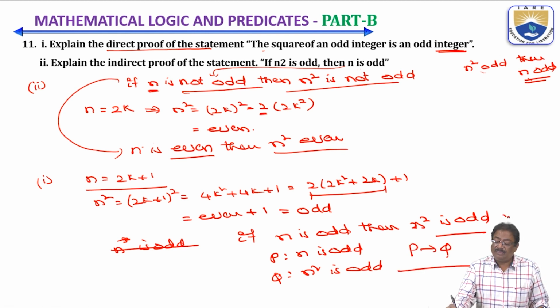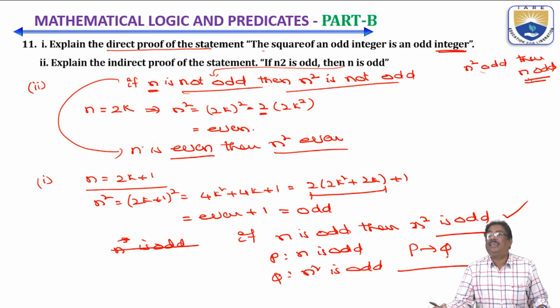In this way we are going to prove the direct one. That is, the square of an odd integer is an odd number. That means if n is an odd integer, then n square is also odd. Or equivalently we can say that if n is not odd, then n square is not odd.